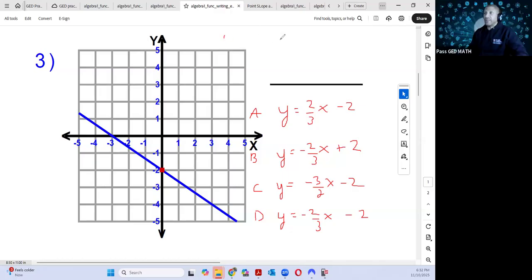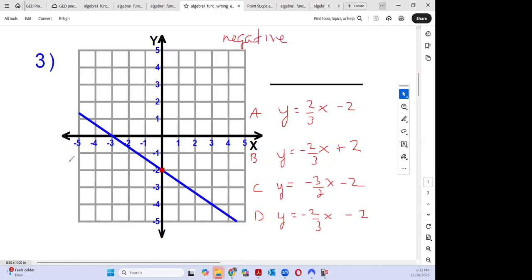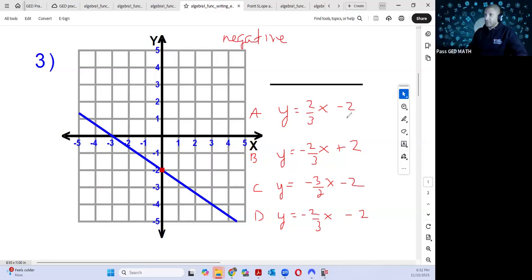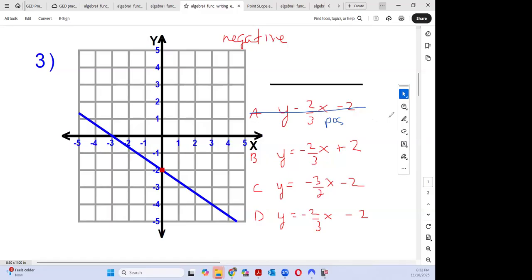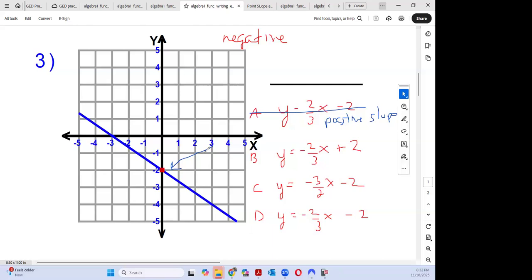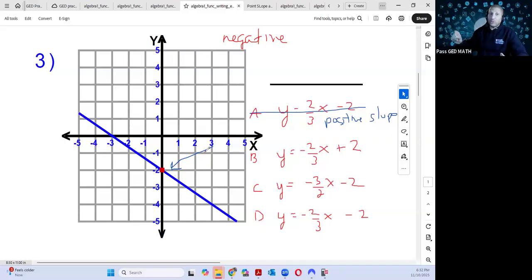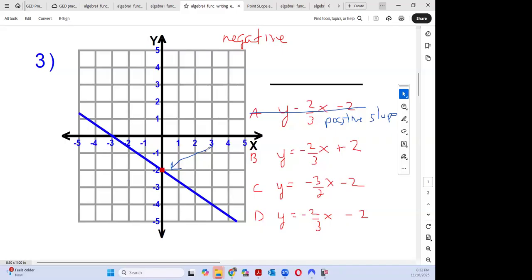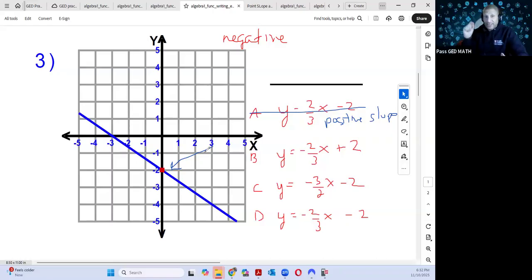So anything with a positive slope, I can get rid of, which is A, because this has a positive slope. What else can we get from this graph? Tell me what I know.